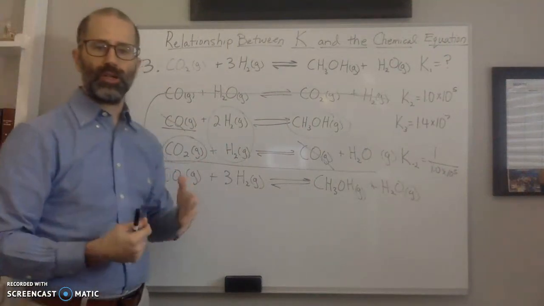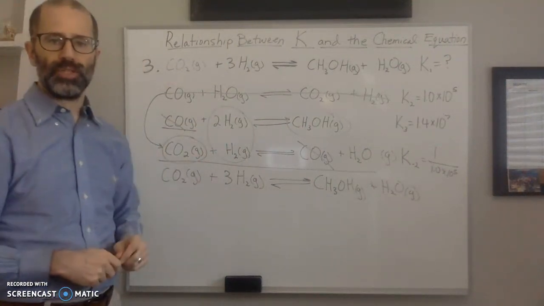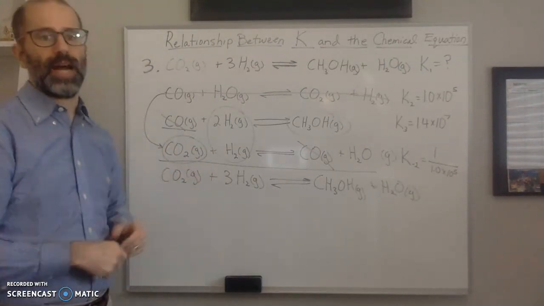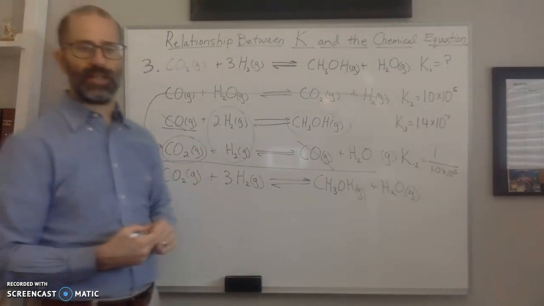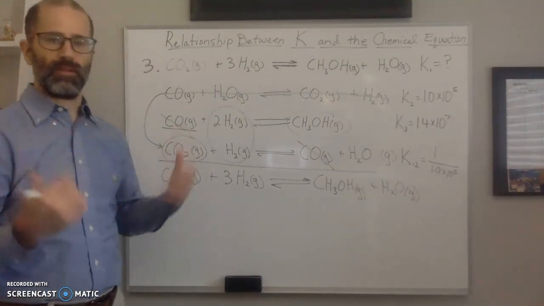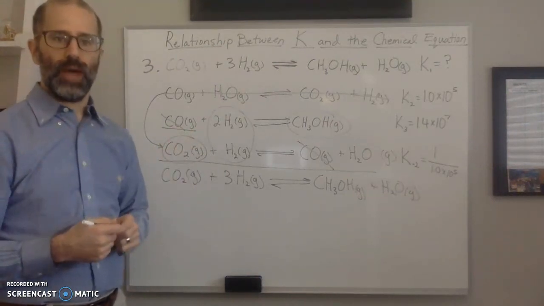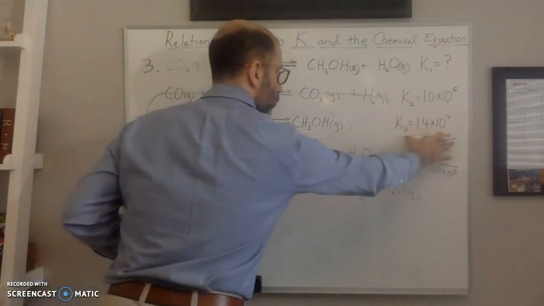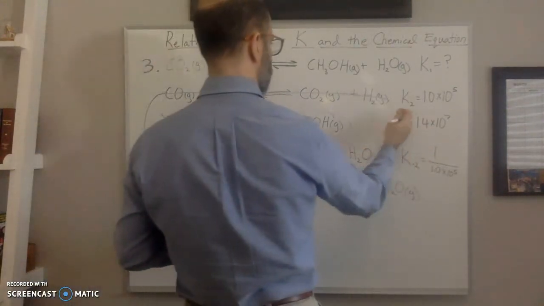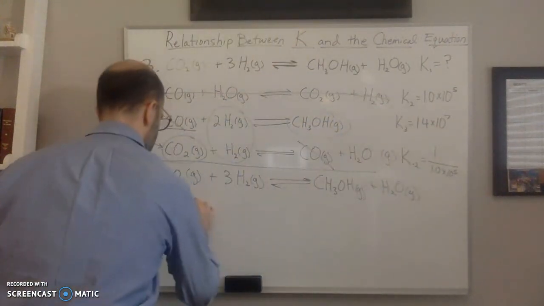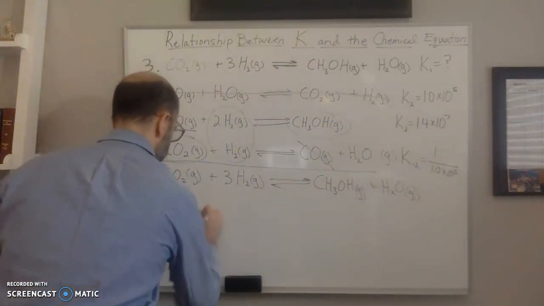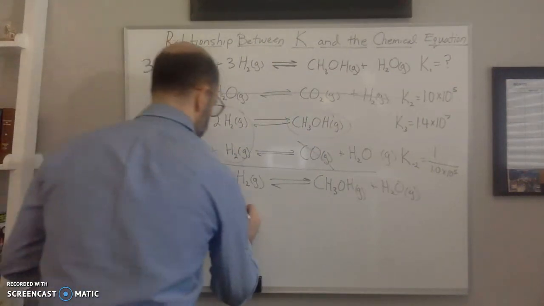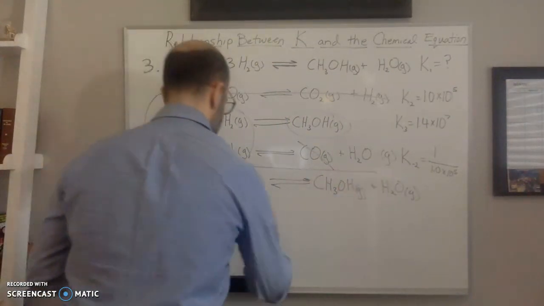So whenever your two equations add up to your resulting equation, what you do is you multiply the K values, the equilibrium constants, for the two equations, or whatever number of equations you added together. So here I would take my K3 multiplied by K negative 2, which is going to give me the K that I want.